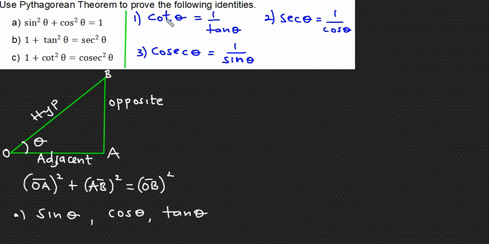So cot theta is the reciprocal of tan. So cot theta is 1 over tan, and tan is 1 over cot. Similarly, cosec here is the reciprocal of sine, and sine is the reciprocal of cosec. Sec is the reciprocal of cos. So you need to memorize these identities. So we have 6 identities so far, which we are going to look at throughout this topic.